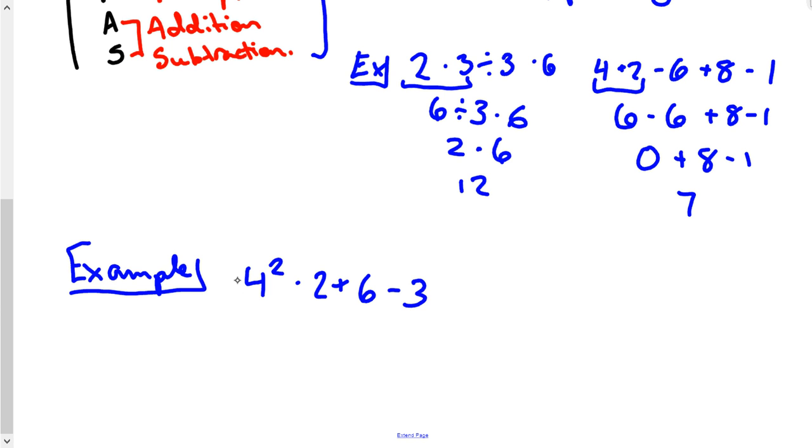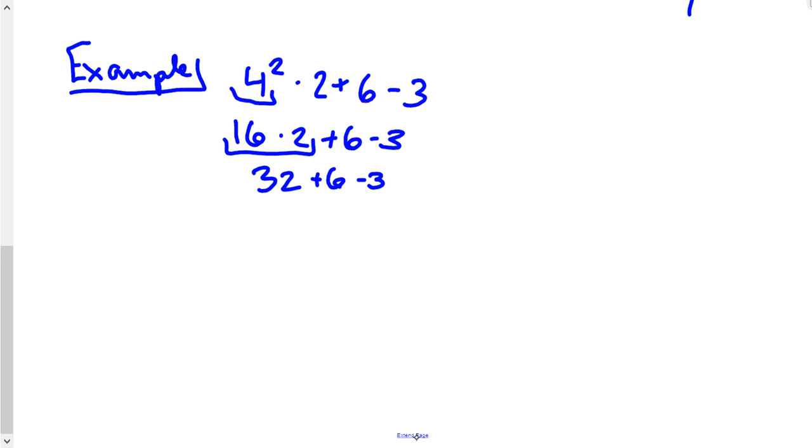We'll start with exponents first because there's no brackets. 4 to the power of 2 is 16 times 2 plus 6 minus 3. Then multiplication, which is 32 plus 6 minus 3. And that is 38 minus 3, which gives us 35.